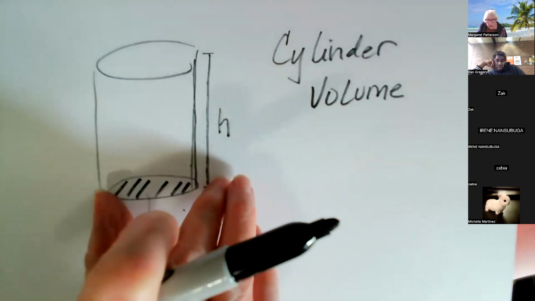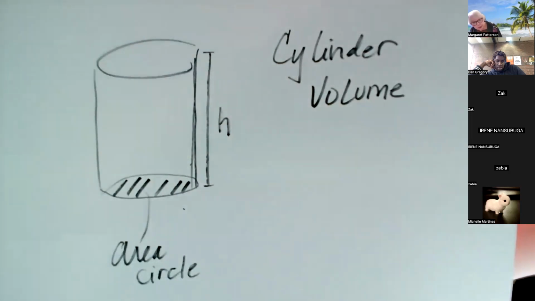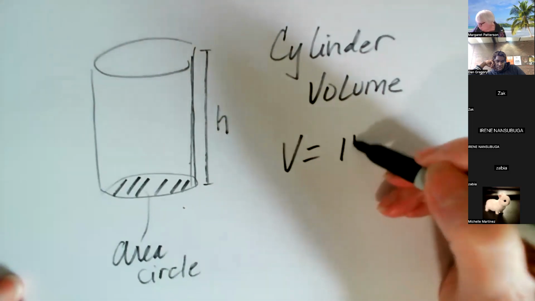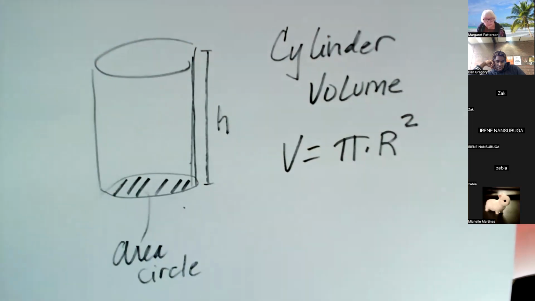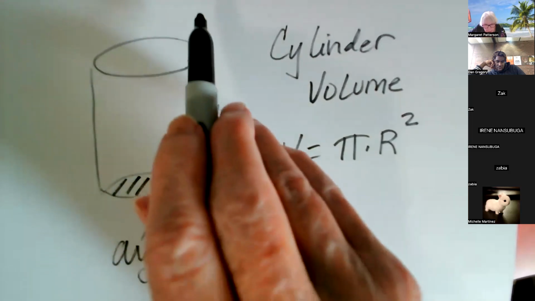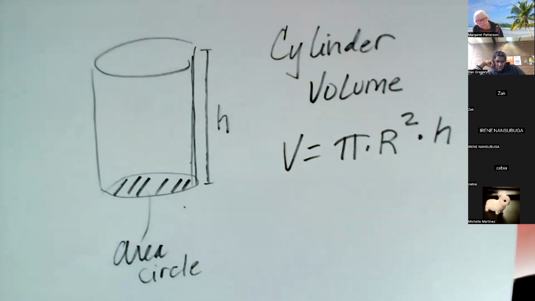So this circle is sort of like moving up there. How high did it go? And so here's the formula. Area of a circle is pi times the radius squared. That gets you what I've shaded. Then you have to multiply it by the height.